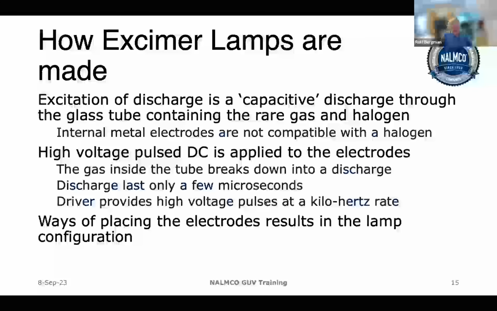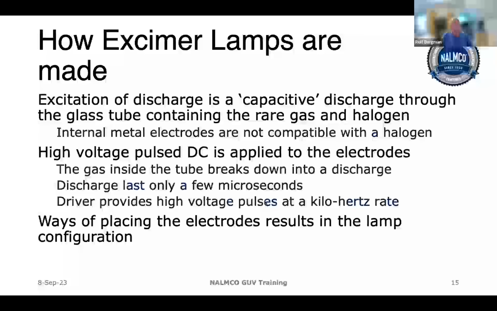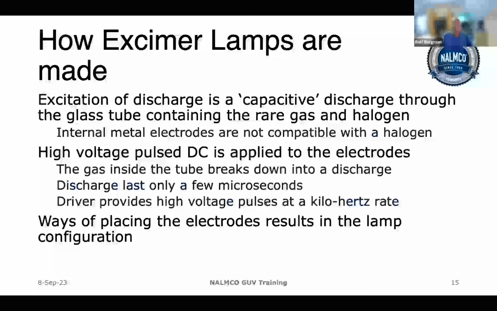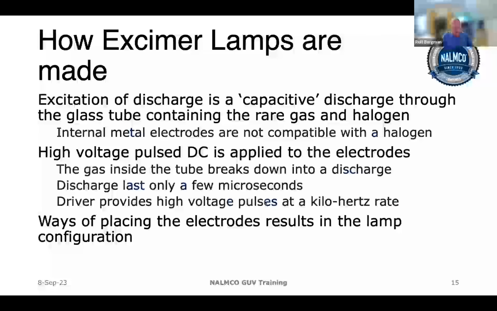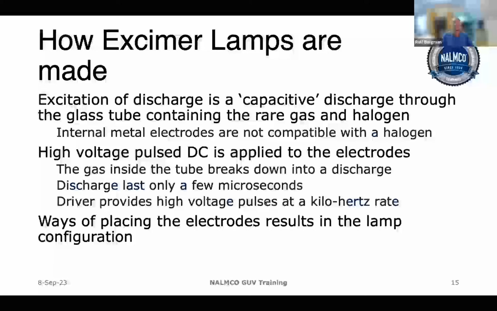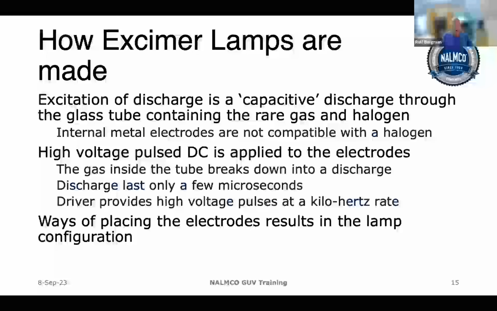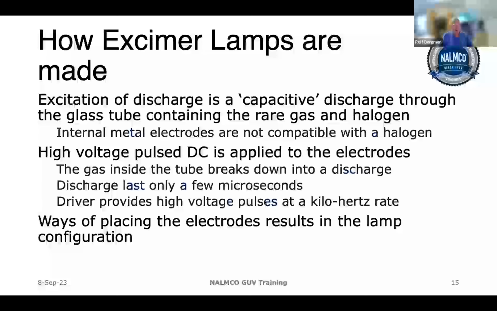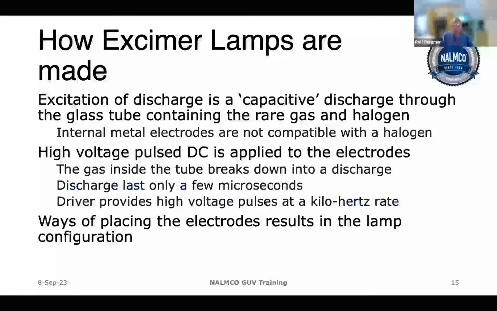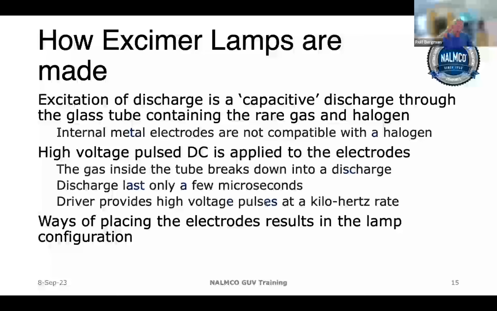Now, because they have halogen gases in there, you cannot put metal electrodes inside the gas. Any kind of electrode sealed in the end of the lamp would be eaten up by the chlorine or any of the halogens in fast order. So the discharge has to be created differently.